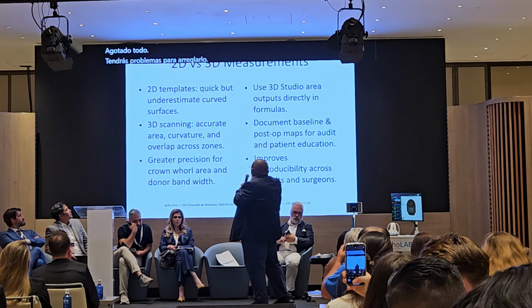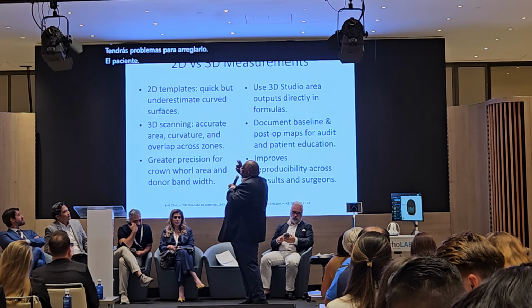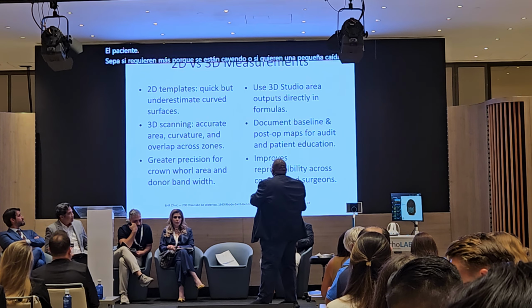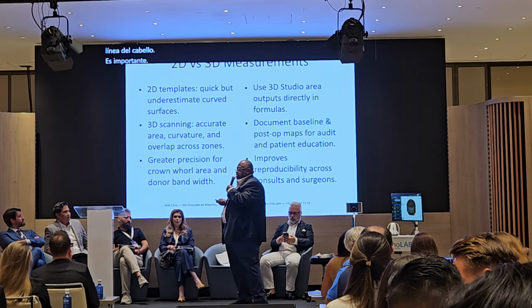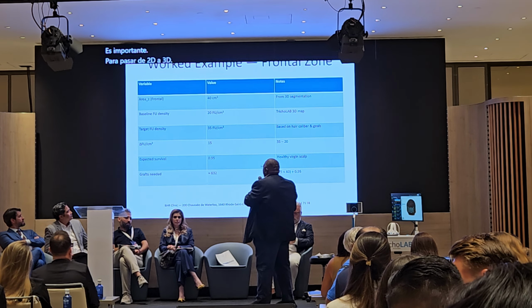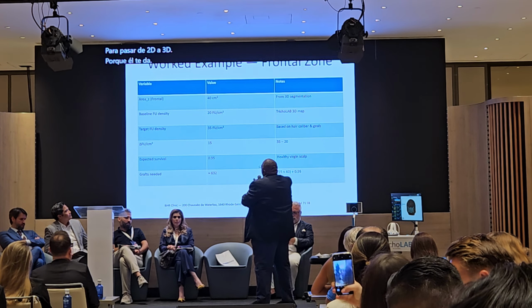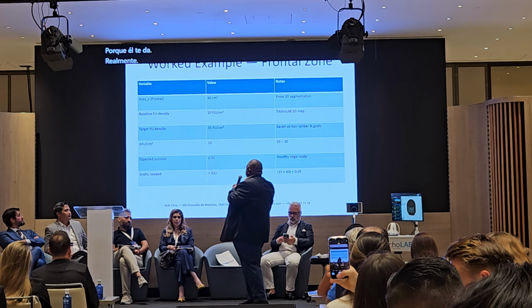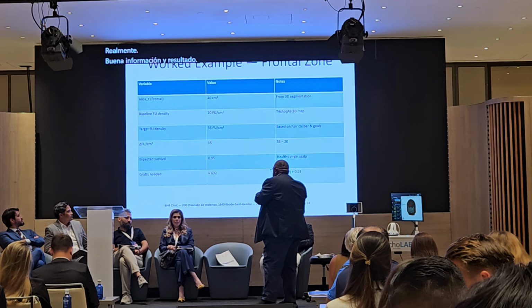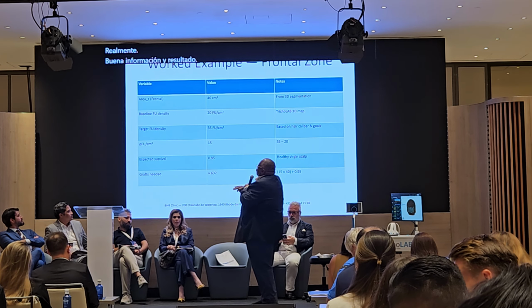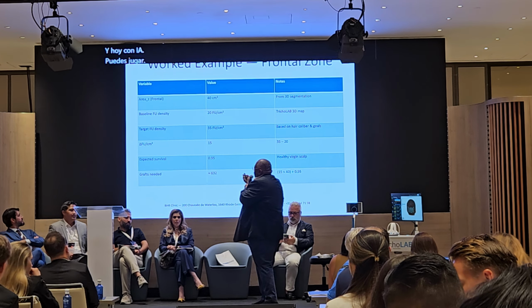So it's important to move from 2D to 3D because it gives you really good information and outcome. And today with AI, you can play with a lot of things. This is all the math: how many grafts you can take, the expected survival, and the delta of the graft.